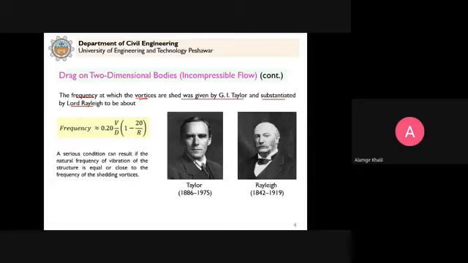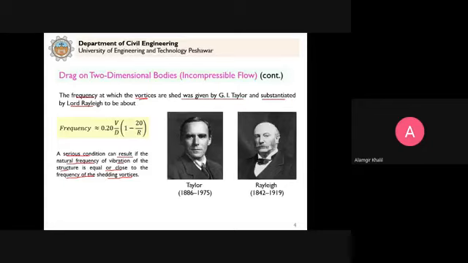Clear? And why are we interested in this? Because a serious condition can result if the natural frequency of vibration of the structure is equal or close to the frequency of the shedding vortices. This is written in your textbook. You might have studied suspension cables and bridges in your structures course, or studied about that in physics at school or college level.